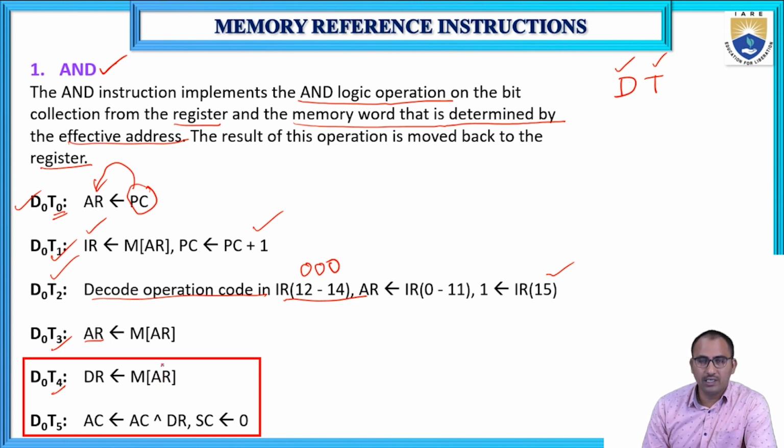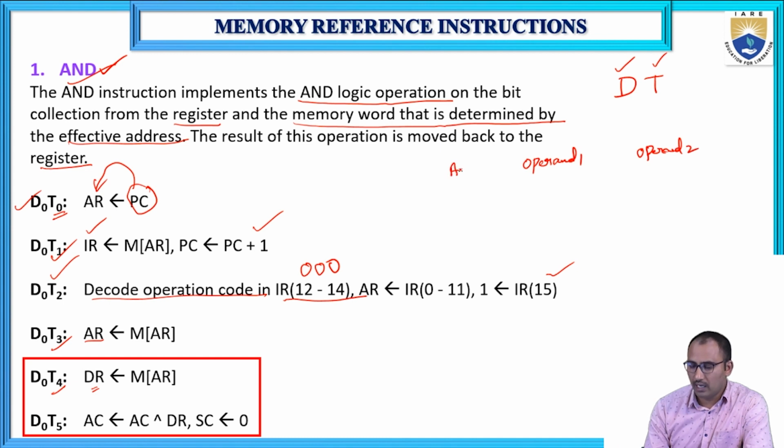the data present in that memory location will be copied to the data register, because here we are performing the AND operation. On what operands are we performing the AND? In order to perform this AND operation, we require two operands, operand 1 and operand 2.